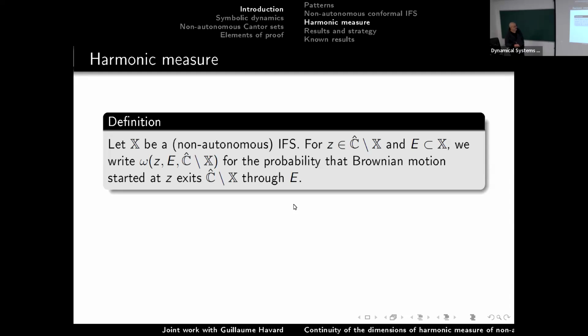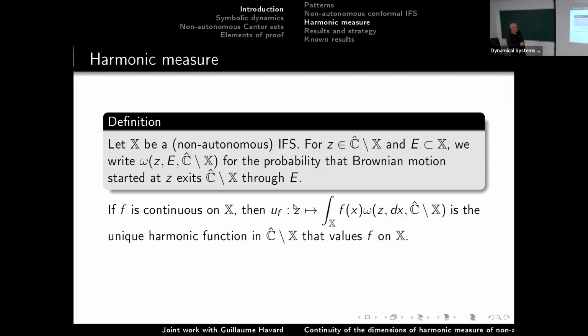This measure depends very little on the point Z you chose, because, by the Harnack principle, the next slide. So when you fix E, this function here is harmonic, which is 0 outside E and 1 on E. By the Harnack principle, if you take two different Z, the values of this function are equivalent up to some constant.